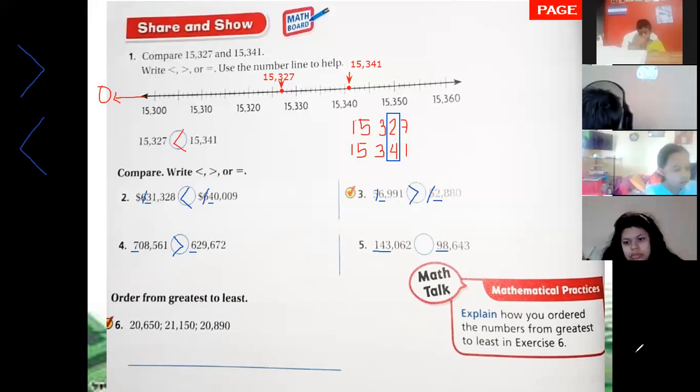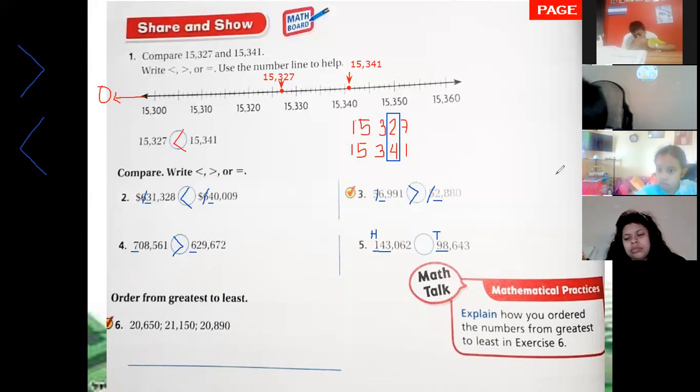But in this case, we cannot compare 1 with 9. Why not? Because 1 and 9 don't have the same value. The number 1 is 100, and the number 9 is 10. That's why we cannot compare them, because it's like, let's say, pears and apples. I cannot mix pears with apples. So this one is 100 and the number 9 is 10.